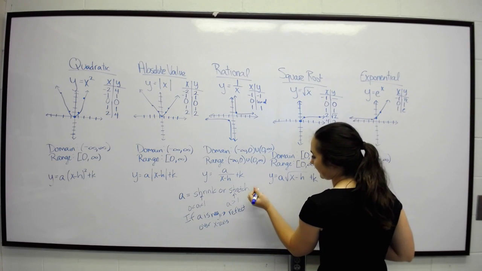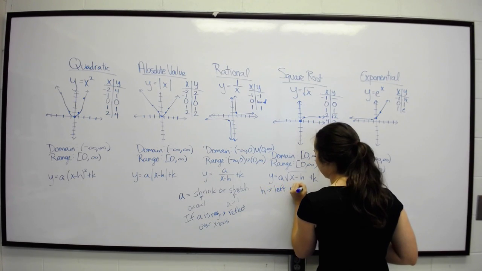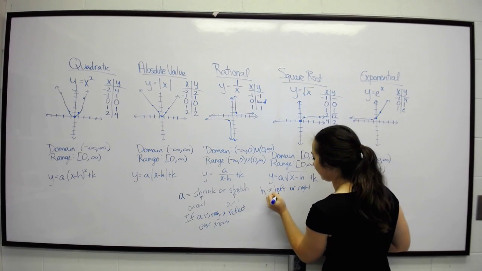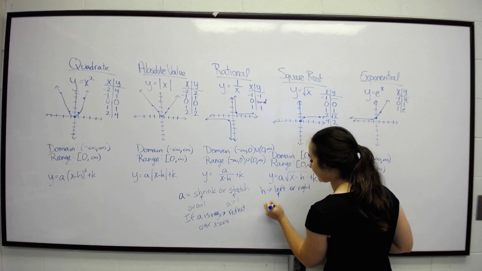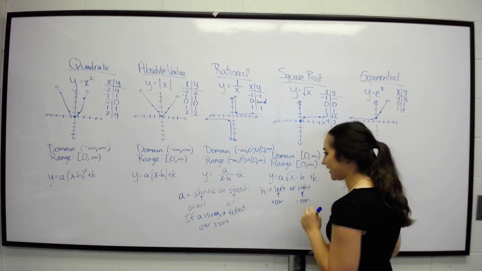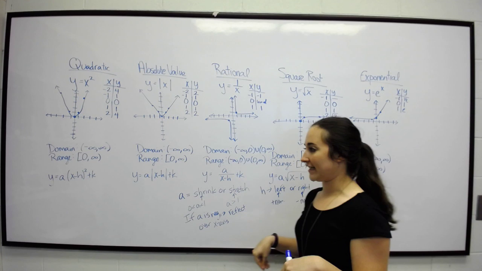H is going to move us left or right. So it's going to move us along the x-axis. We're going to go left if we have a positive number, and we're going to go right if we have a negative number. Okay, so what I would always tell you is it's going to be opposite with the x's.